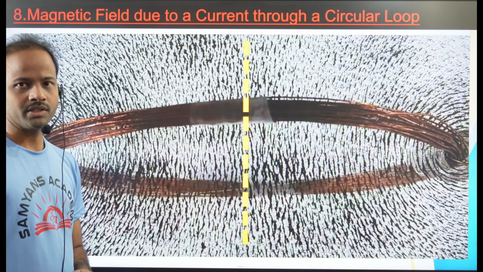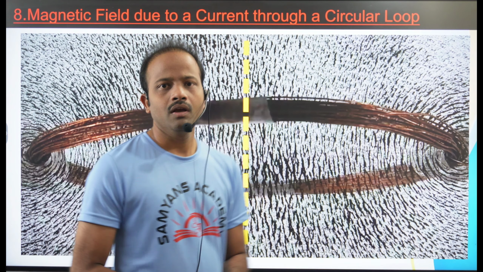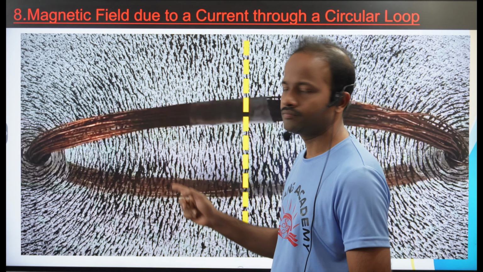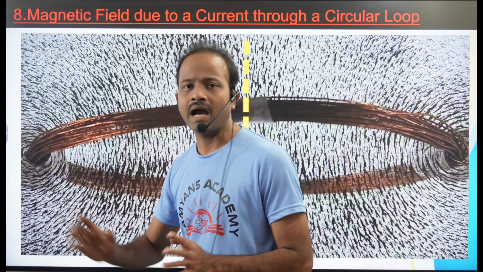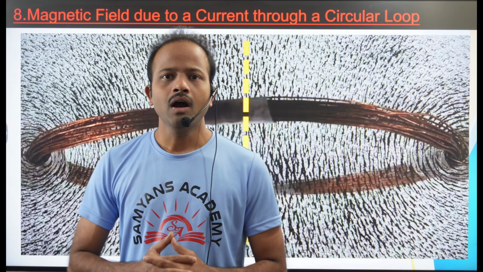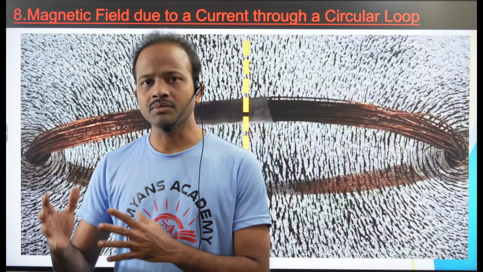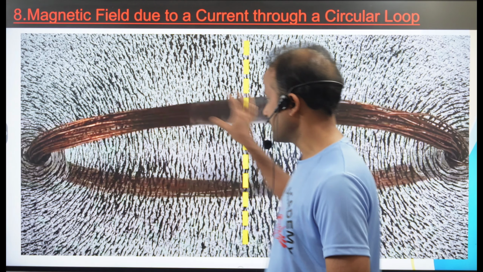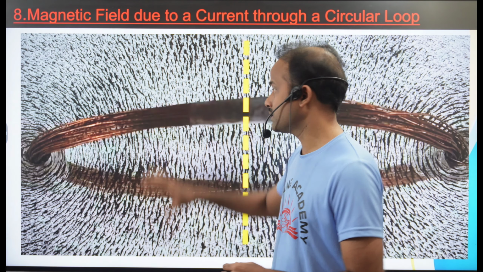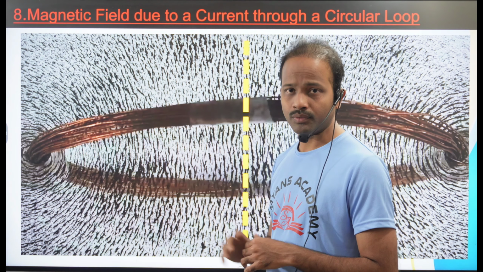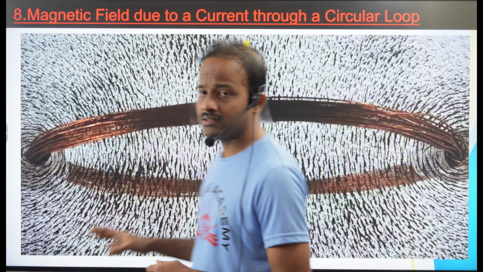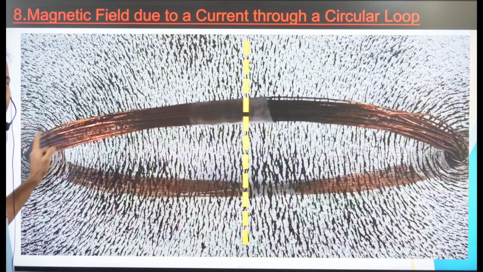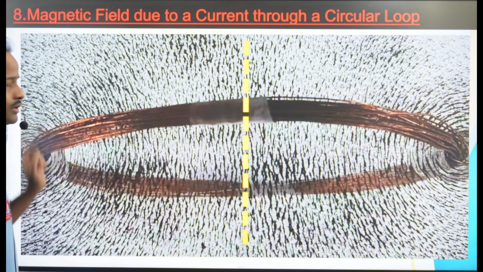So from this observation, we know that when current is flowing through this coil, we can see the pattern of iron filings. The iron filings align themselves in concentric circles around the current carrying circular loop.